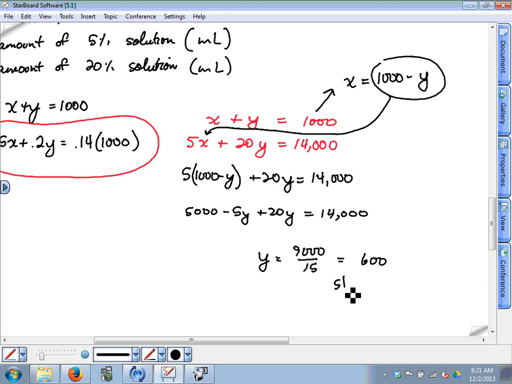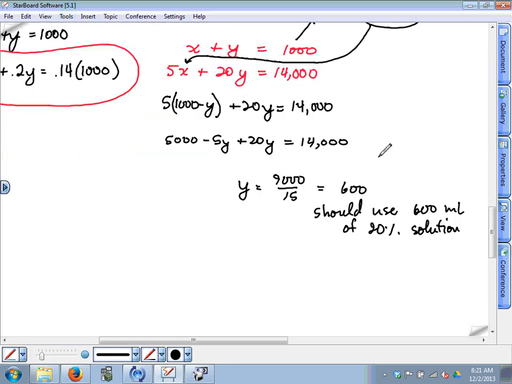So she should use 600 milliliters of the 20% solution. And we don't really need to go back and substitute into any more equations because we know that she needs to use 1,000 milliliters total. 600 milliliters are already used for the 20% solution. That leaves how many? That's got to leave 400 because there's got to be 1,000 total.